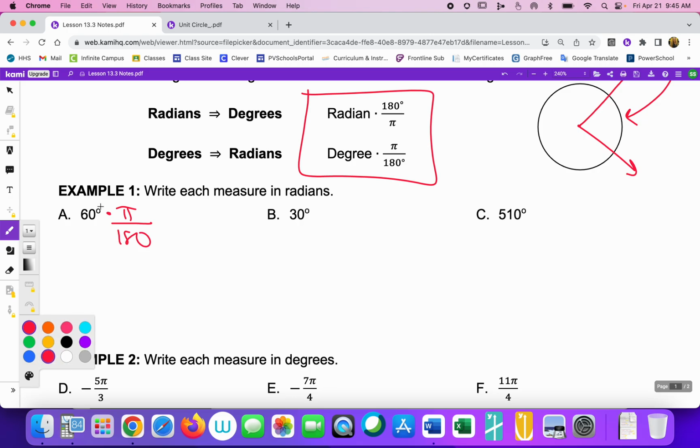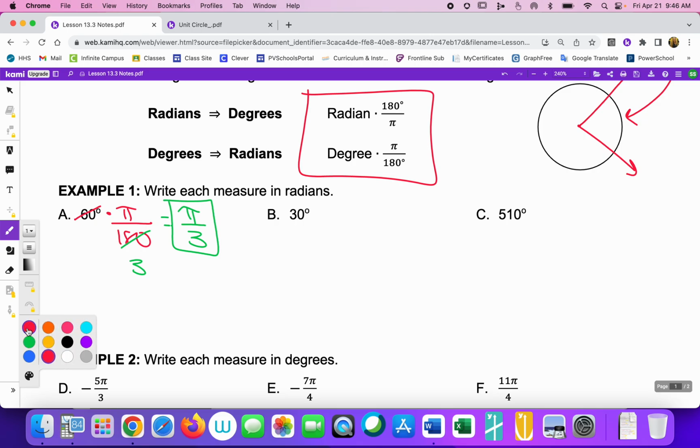So the 60 would go away, the 180 becomes a 3. So they reduce by 60. Now 60 on your unit circle is pi thirds, the equivalent radians that we wrote the other day. So that's why those are paired up the way they are.